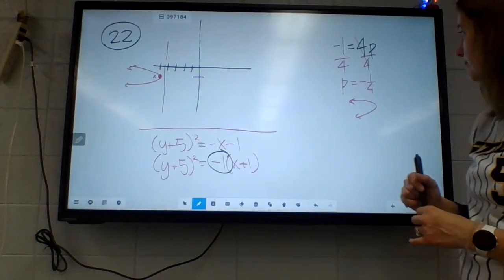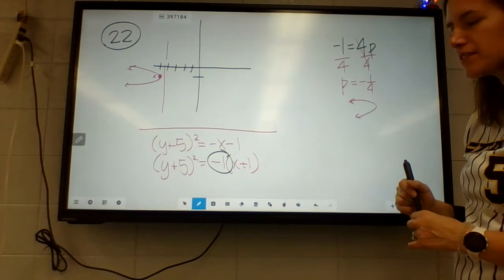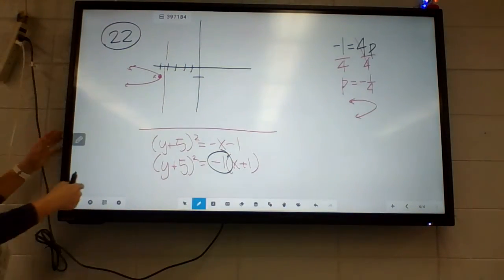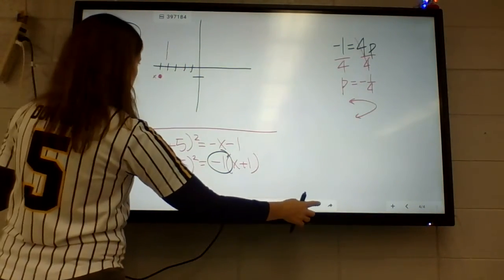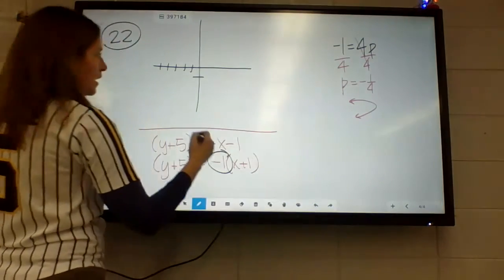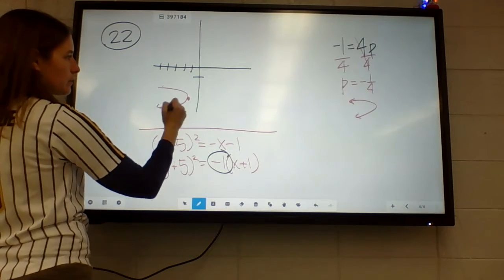Negative. Oh, yeah, I went the wrong way. Sorry. Thank you. That's the x and y confusing. So yes, thank you. It should go over here. Oops. Sorry. Thank you.